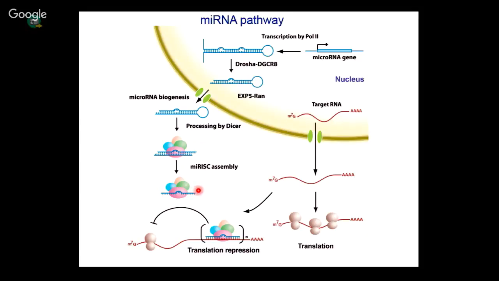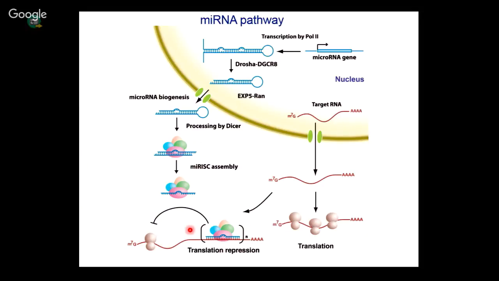It's similar to siRNA RISC and will recognize the target. However, because of a mismatch at the central cleavage region or some other region, it is not a perfect match to the target mRNA, so it will not trigger the cleavage. Instead, it will repress the translation. So this is the microRNA pathway.